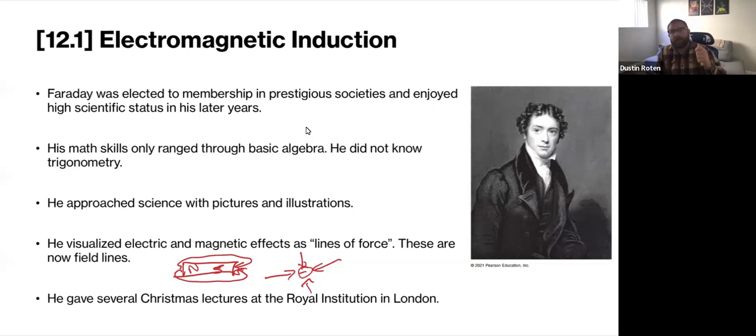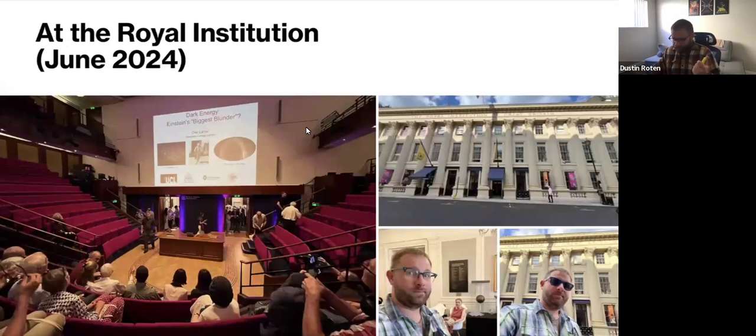He gave a lecture at the Royal Institution in London, I believe one Christmas, and set the tradition of the annual Christmas lecture series at the Royal Institution. I was in London not too long ago and got a chance to go myself, so I had to share these pictures.